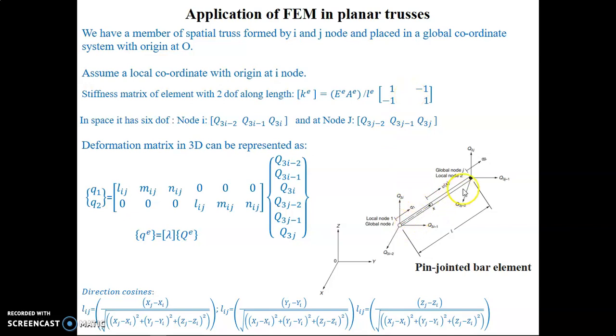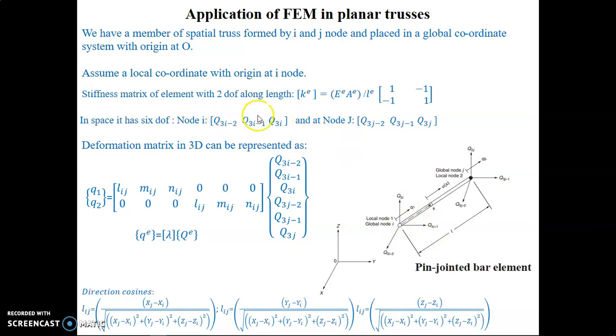Now in three-dimensional space, each and every node will have 3 degrees of freedom: q3i minus 2, q3i minus 1, and q3i. q3i minus 2 represents the x direction, q3i minus 1 represents the y direction, and q3i represents the z direction for the ith node.